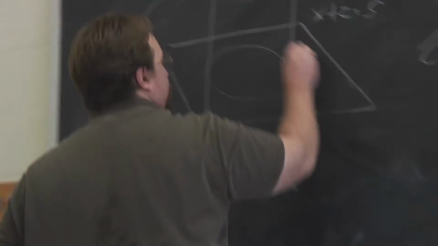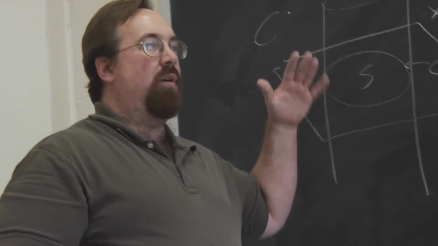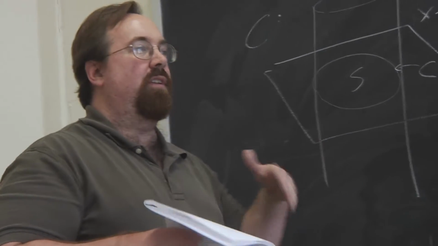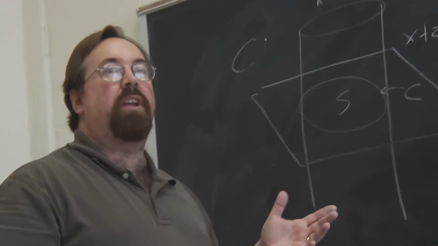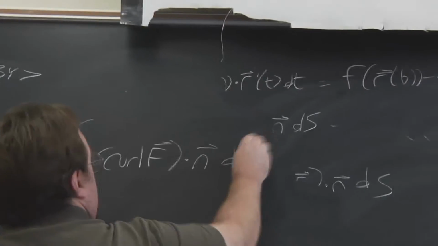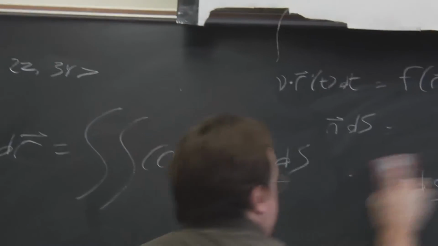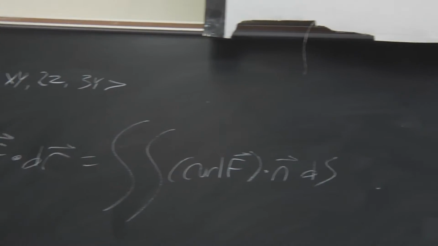And so here is the curve C, and here is the surface S. So it's some ellipse hanging in space, and we're going to integrate over the interior of the ellipse rather than just the boundary curve, the curl of F dot product with N. Okay. So there's two things we need to do before we can do this. First, we need the curl of F.